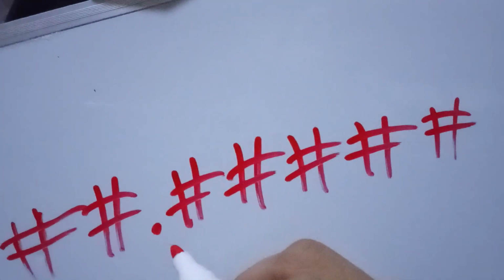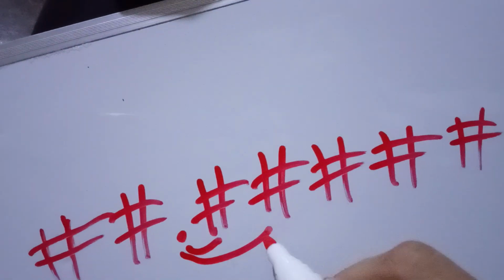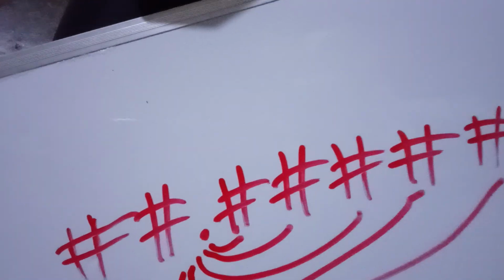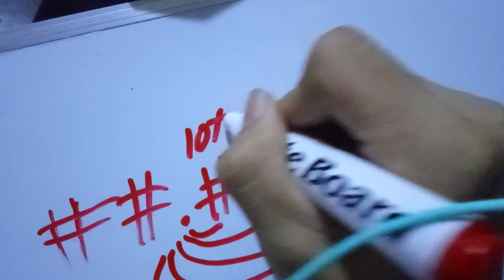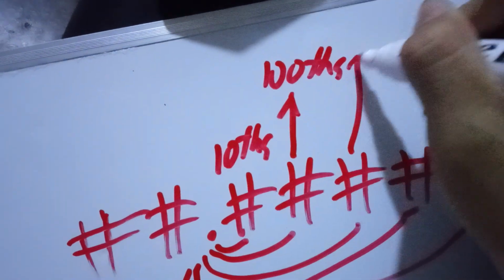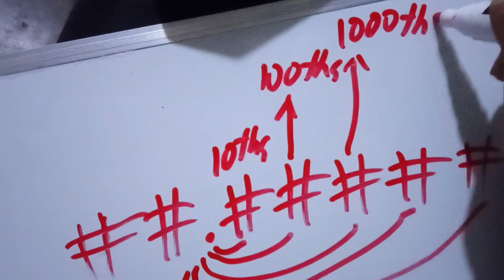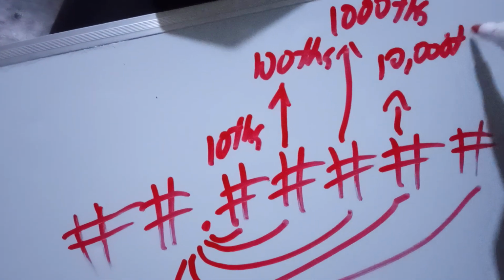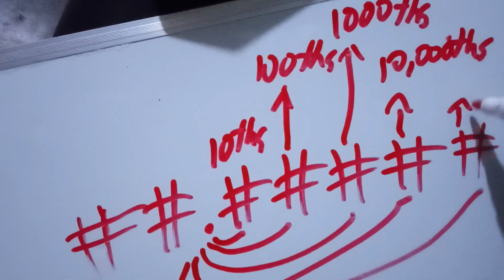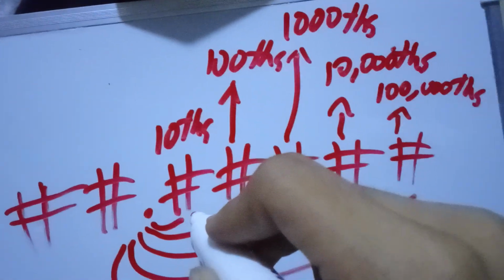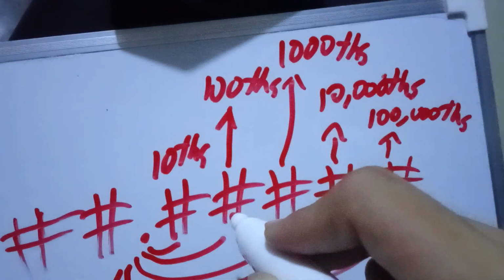The first one here is tens, the second is hundreds, this is thousands, then 10,000s and 100,000s.